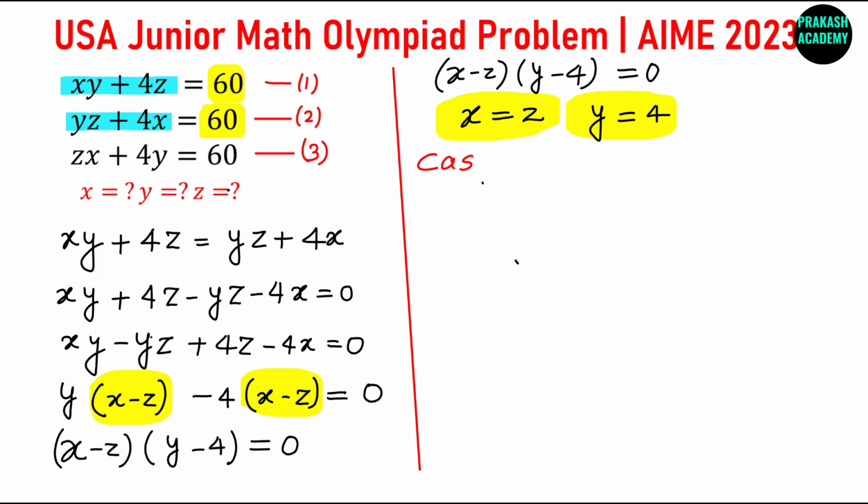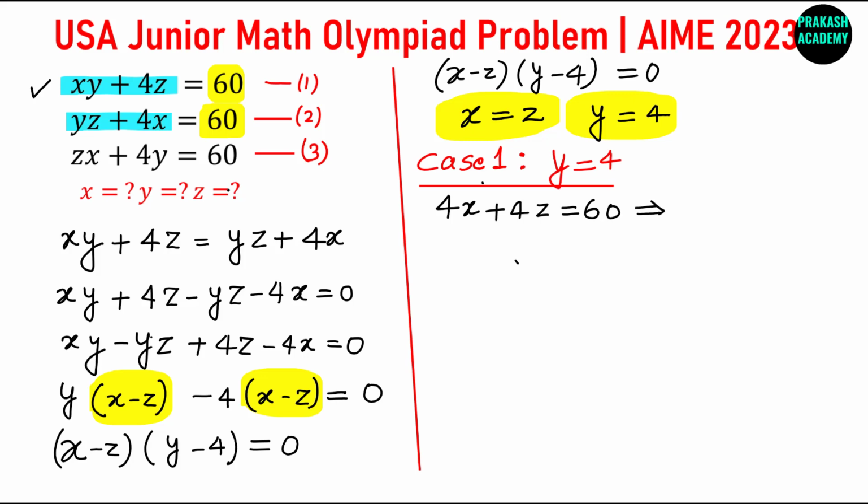So let us consider two cases. In this case, let us say case 1, we will consider y = 4. If I consider y = 4, I can plug the value of y into equation 1. So this will become 4x + 4z = 60.